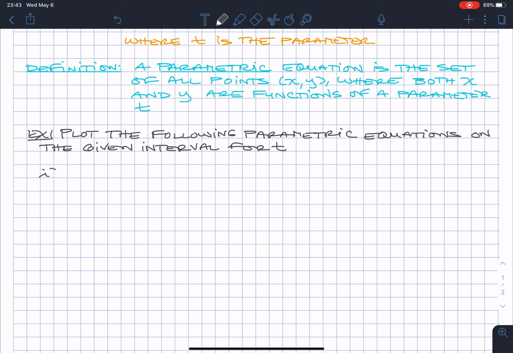Okay, so number one, let's say we are given that x is 2 times cosine of t and y is 3 times sine of t. And we're told that t is between 0 and 2 pi.